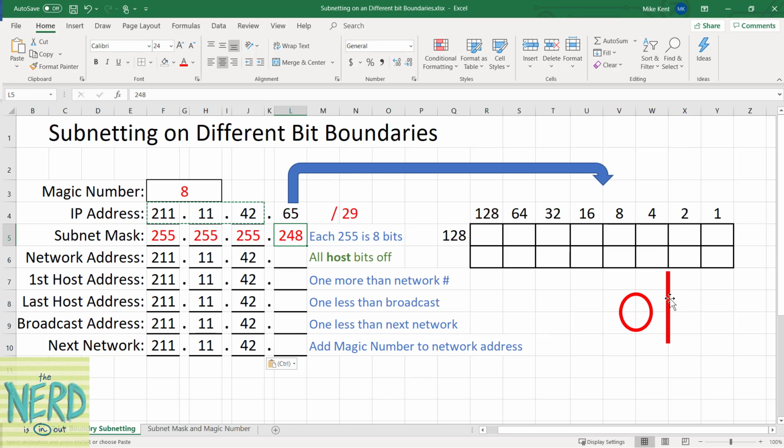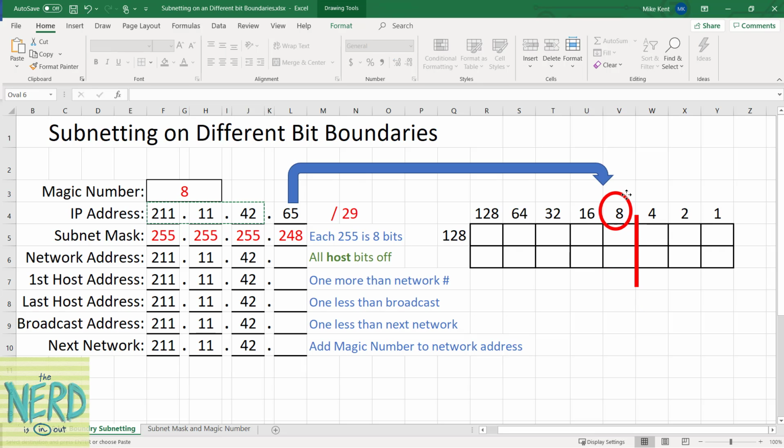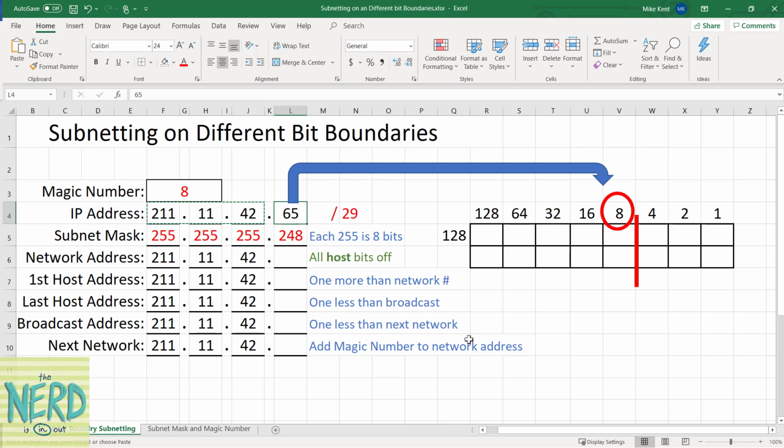Now, where was my dividing line? It was right here, and my magic number is 8. All right, so we got our dividing line right here between the 8-bit and the 4-bit. Magic number is 8. Now I've got to look at this 65 to see what part of it is the network bits and what part is the host bits.